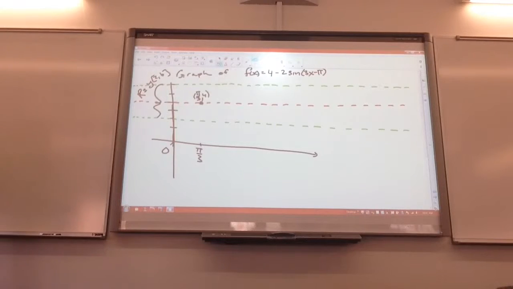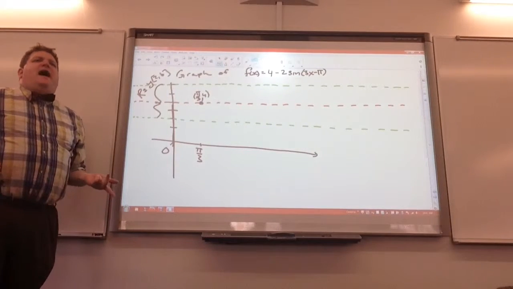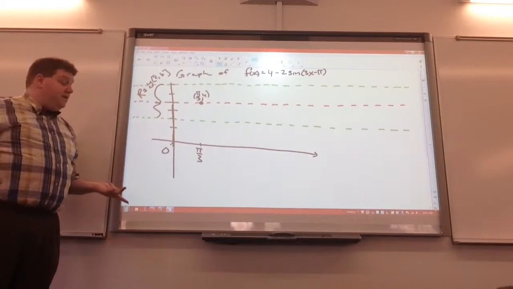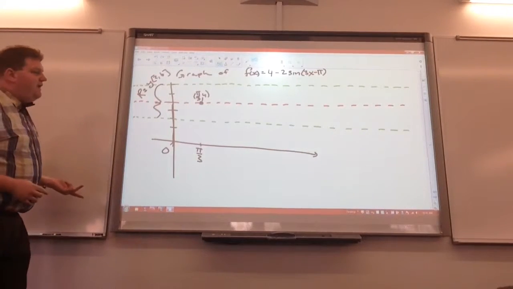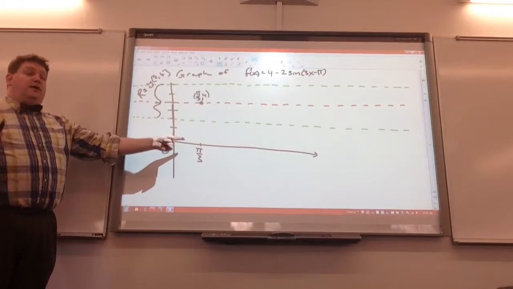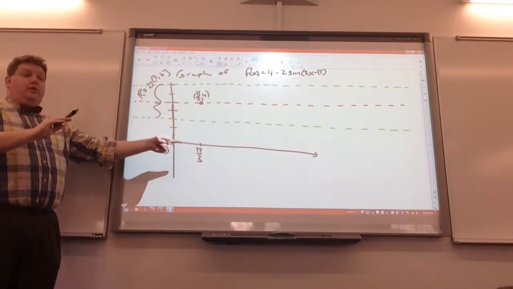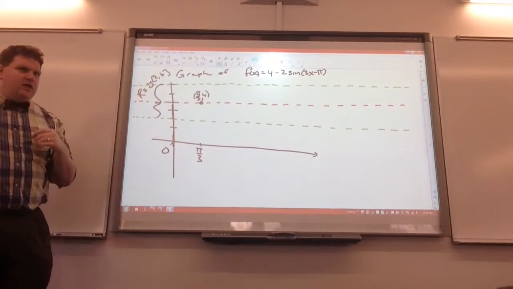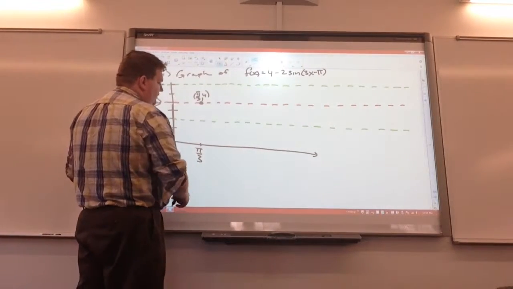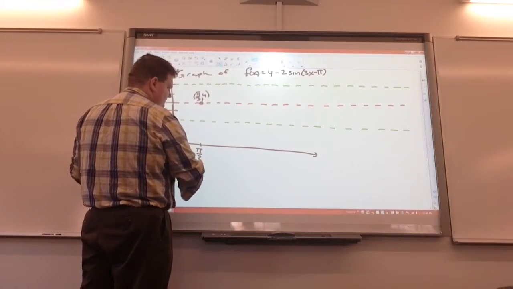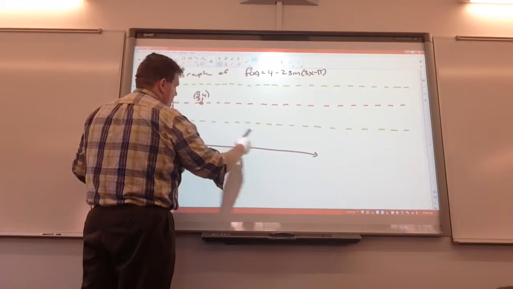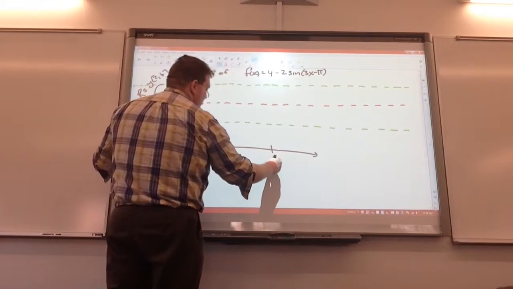Then, the next thing I learned was that it takes a distance of how long to repeat? 2 pi over 3, that's what we figured out before. So if I add 2 pi over 3 to this, I'll get the location where it's gone through one full cycle. So what's pi over 3 plus 2 pi over 3? It's pi, right? So we'll just put it over here as pi.